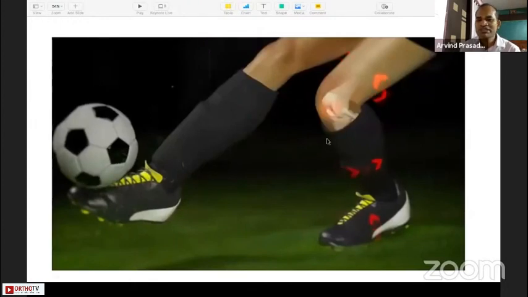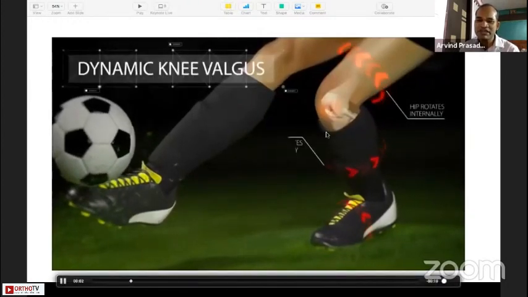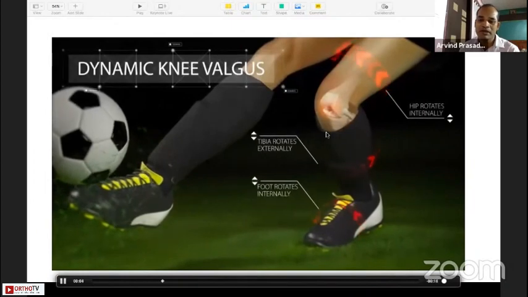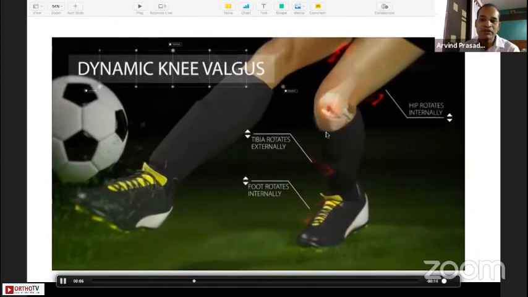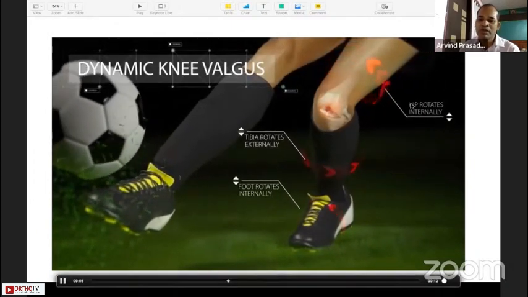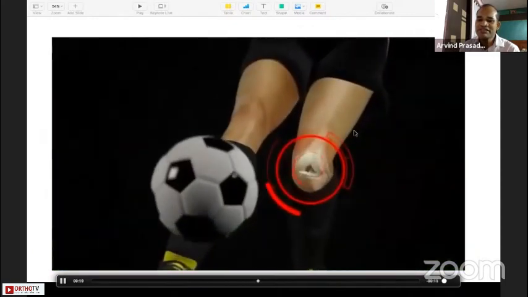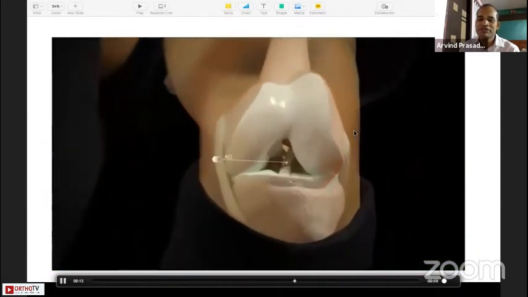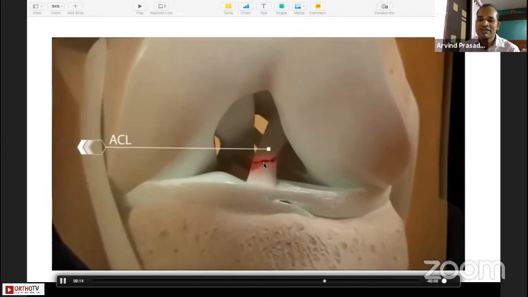So usually this ramp lesion is associated with ACL injury, either acute or chronic. When the knee is in valgus, there is anterior subluxation of the tibia that leads to the tear of the ACL.